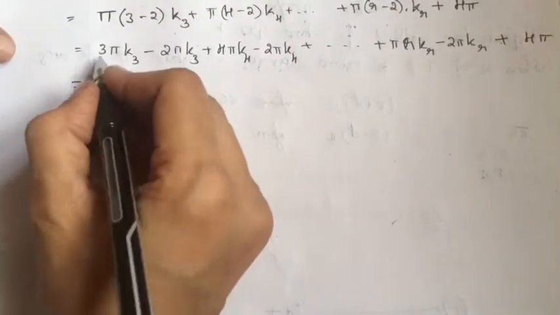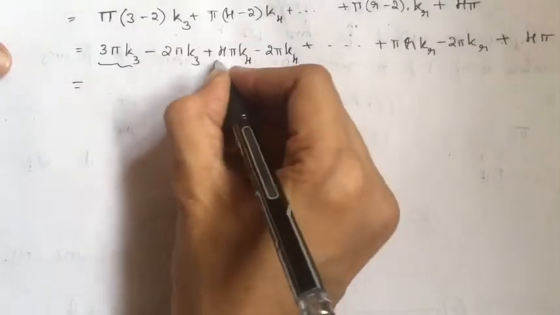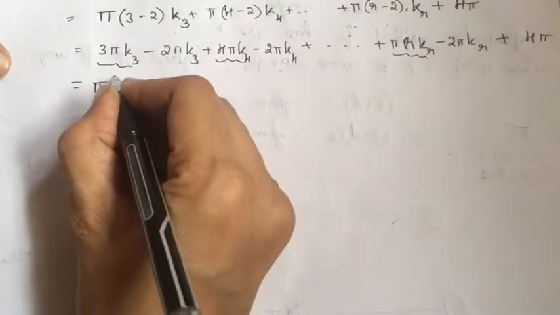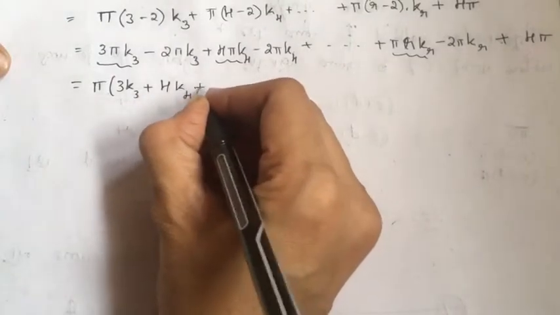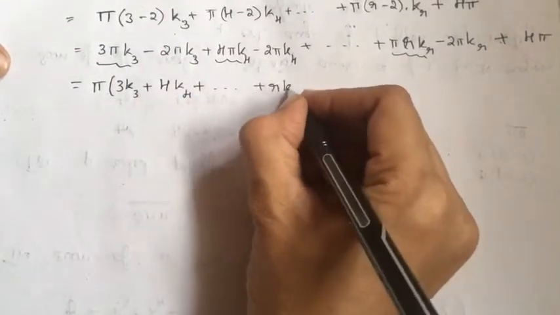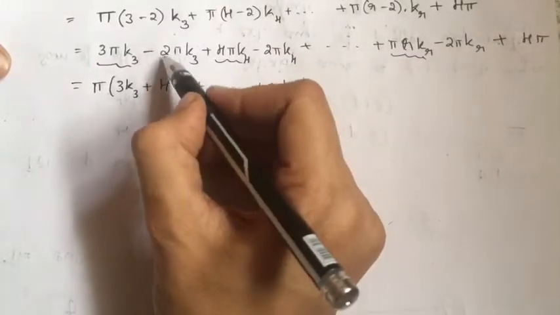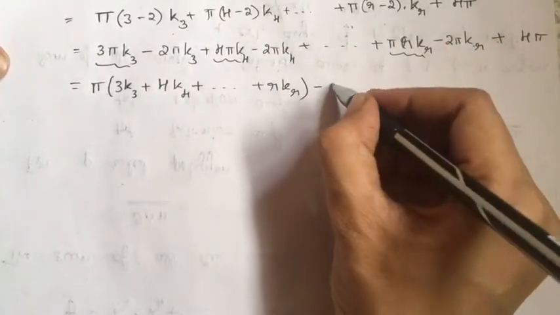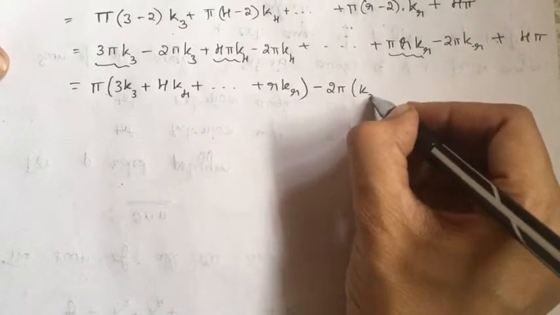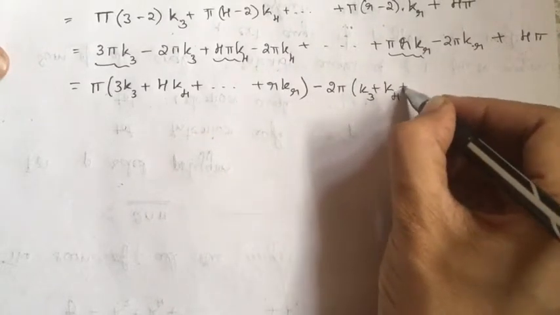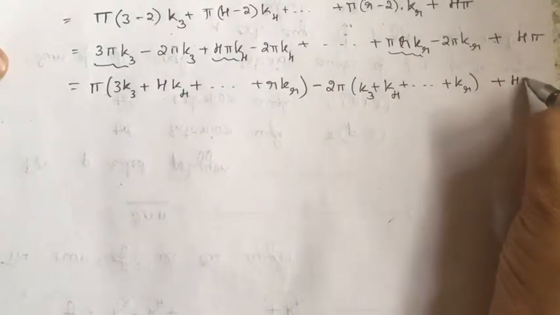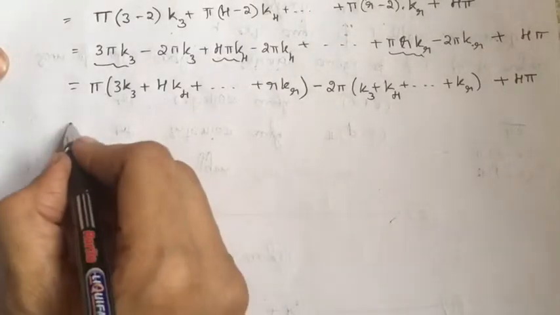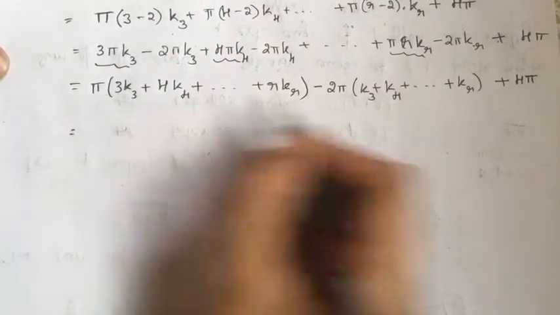If I take only the first terms every time and take pi outside, I get 3K3 plus 4K4, like that, up to RKR. And from the negative terms, if I take out 2 pi, I get K3 plus K4 and so on plus KR, plus the last term, the exterior angle for the infinite region, that is 4 pi.